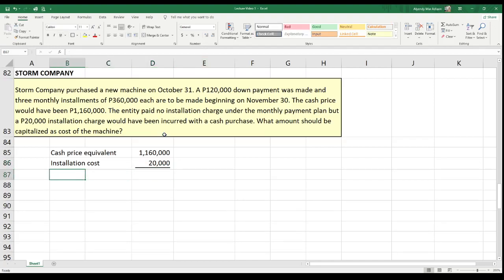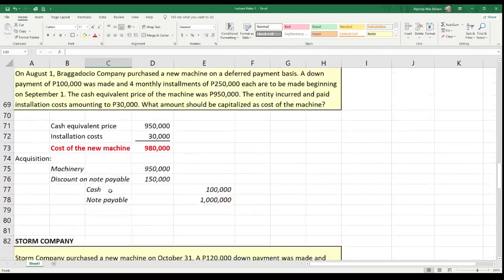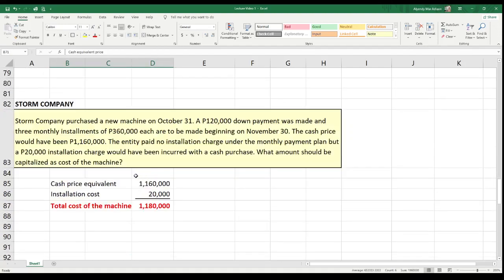Okay, so we have now the total cost of the machine, which is 1,160,000 plus 20,000, so we have 1,180,000. Okay, so same lang kaganihan, diba? We simply add the cash price equivalent plus the installation cost.